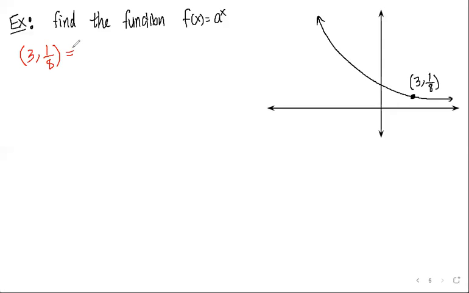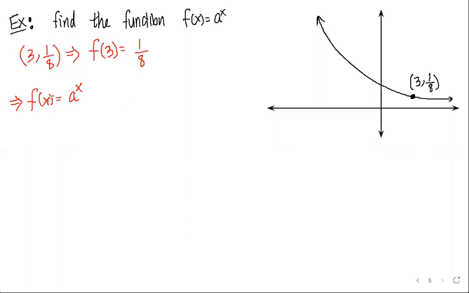This means f of 3 is 1 over 8. So if f of 3 gives me 1 over 8, and they told me the function f of x equal a to the x, find the value for a. This is my goal, to find the value for a.